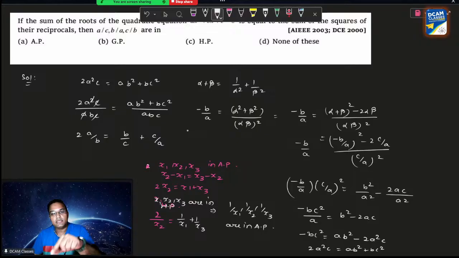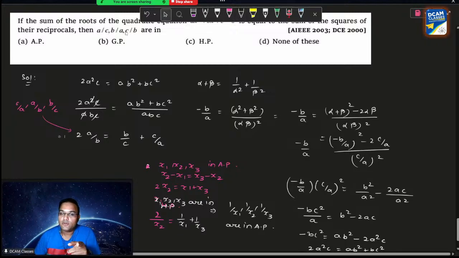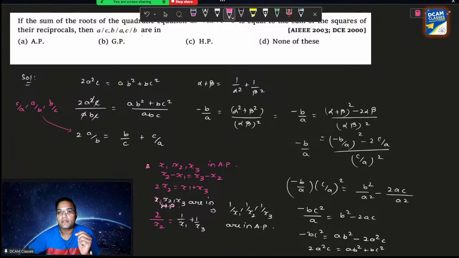But their reciprocals, c by a, a by b, and b by c, are in AP. Means these three are in HP. We are getting the condition 2a by b is equal to c by a plus b by c. That means the reciprocals of these three terms are in AP, so these three terms are in HP. That's why this answer.